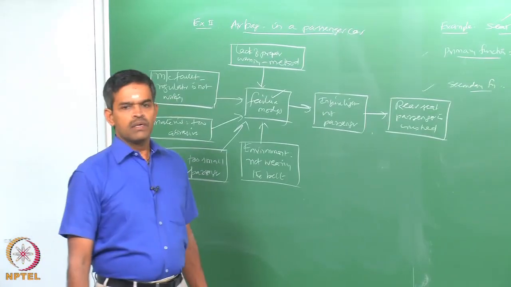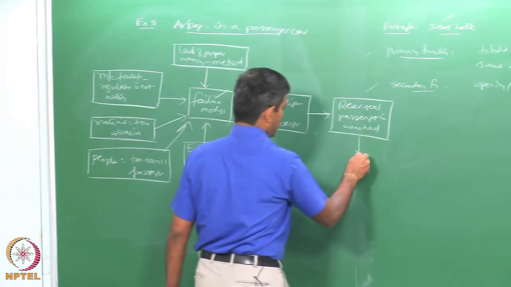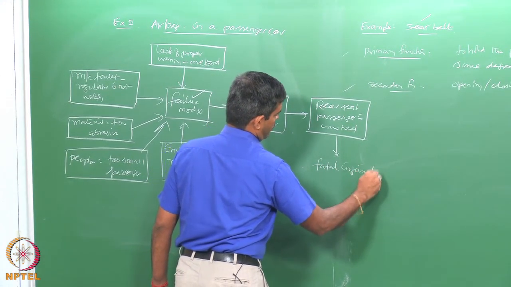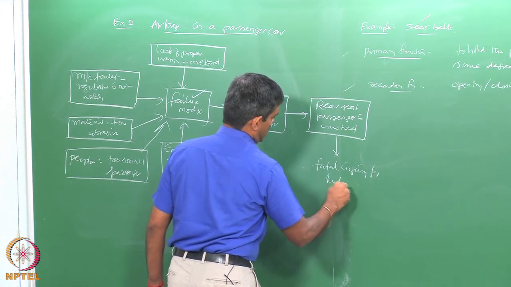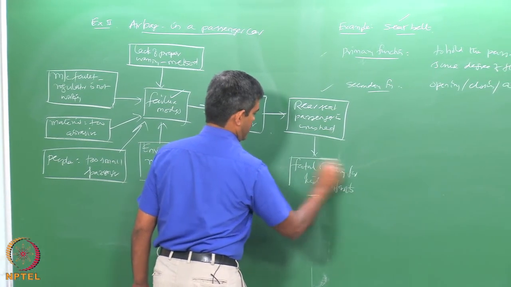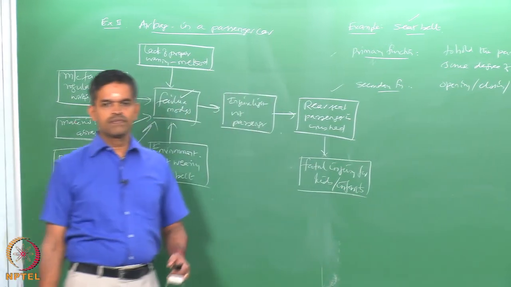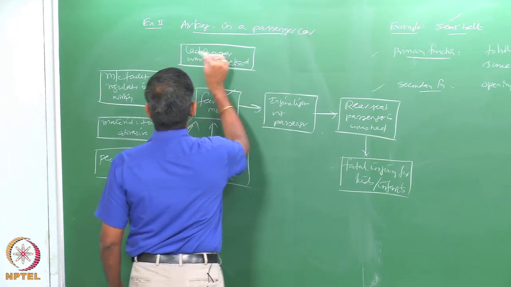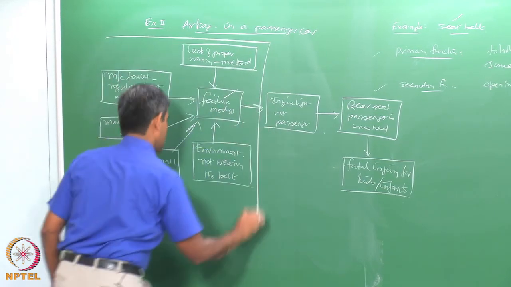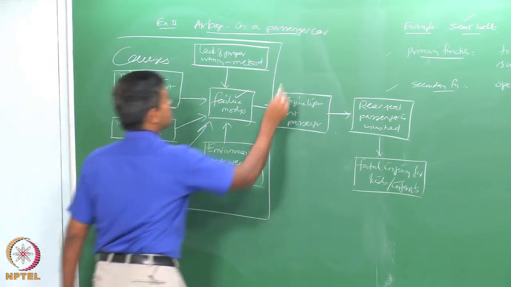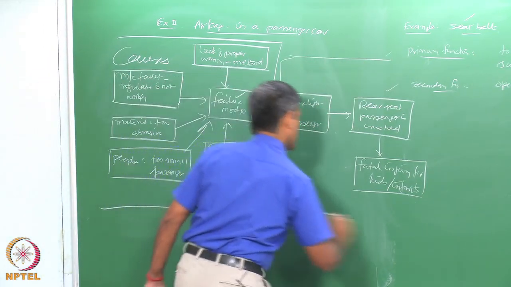It could also result in fatal injury for kids and infants. These are all the effects which arise from these causes. So, I can say this part is the causes and this part is the effects.